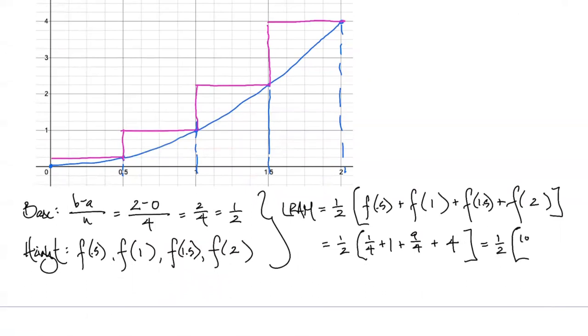So 10/4 plus 20/4 will give us 30/4, which should be 15/4. Let's turn 15/4 into a decimal. And I think we get, yeah, not quite 4, 3.75.